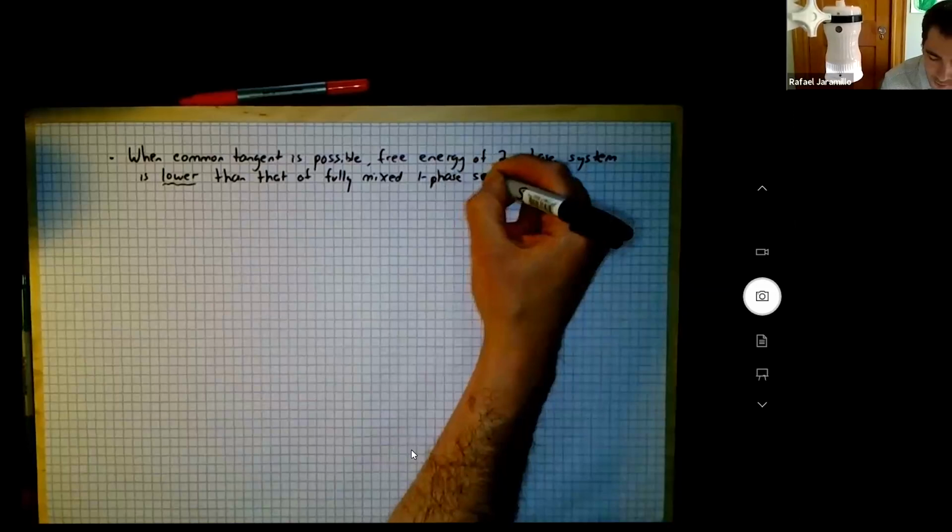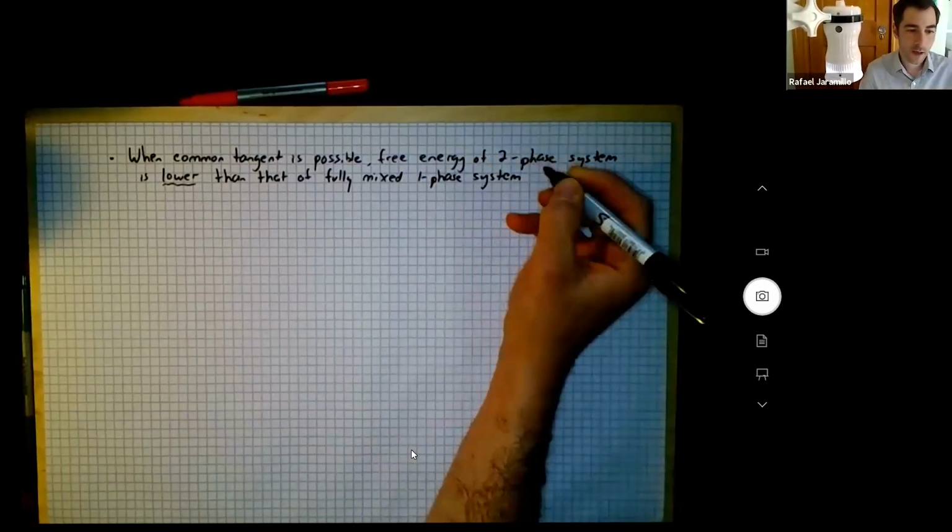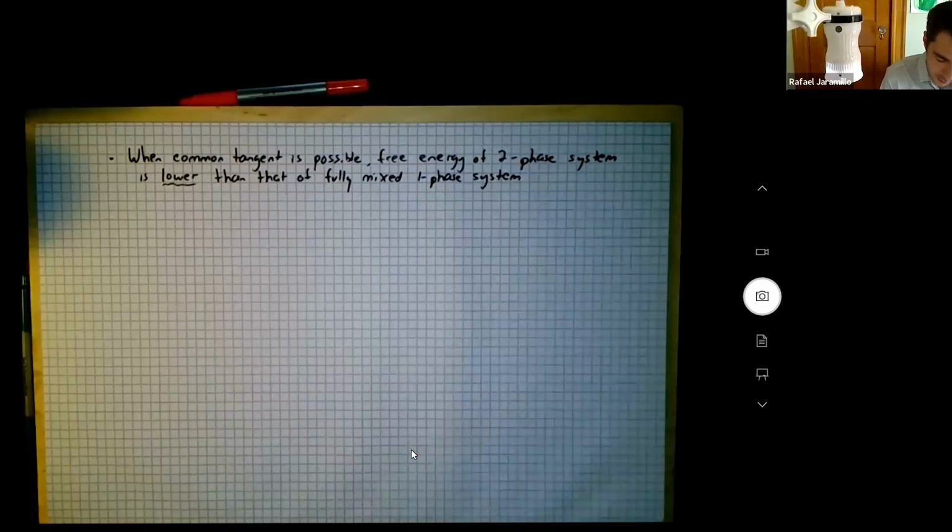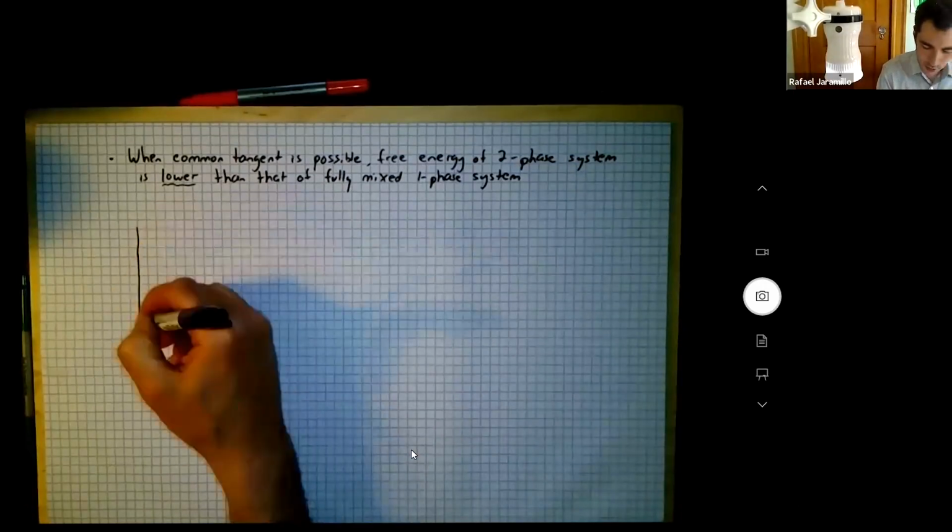As you would expect for equilibrium, it's got the lowest free energy. I'm not going to prove this to you right now, but I'm going to show you graphically how it comes about.